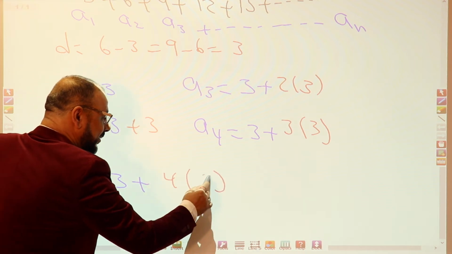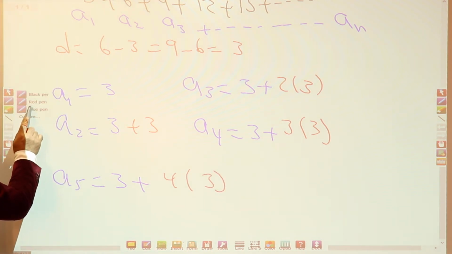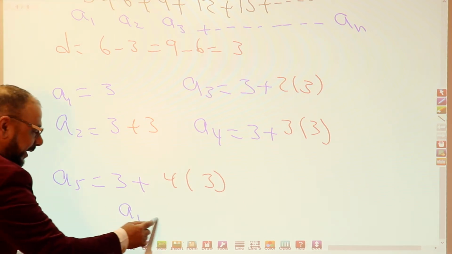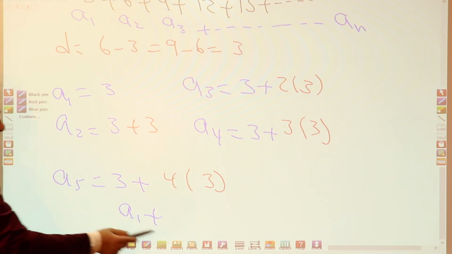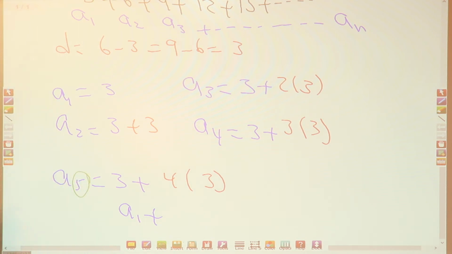What's the formula? This is A1, plus. What is this number here? 5, minus, and what is this number here? 4.